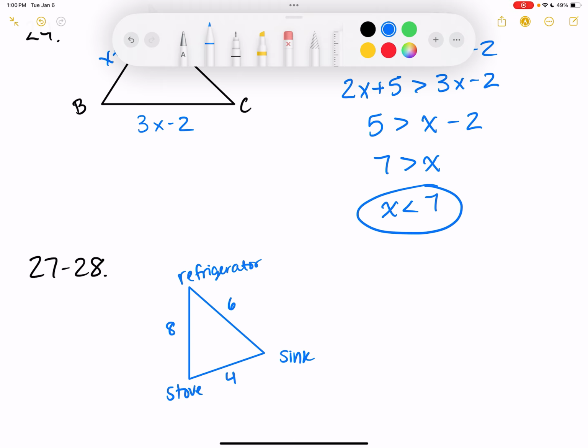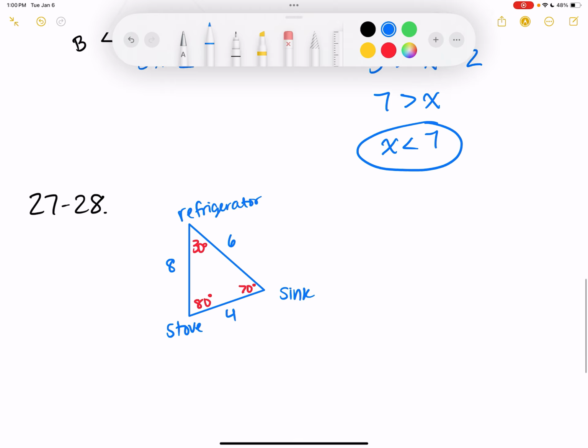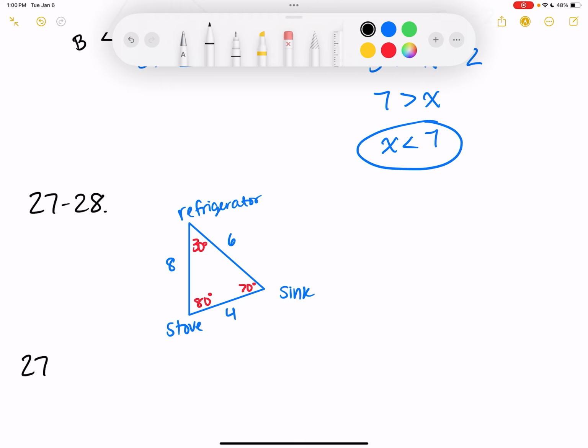All right, and then the angles, 30 degrees, 70 degrees, and 80 degrees. All right, so the first question is, what is wrong with the labels on the kitchen triangle?